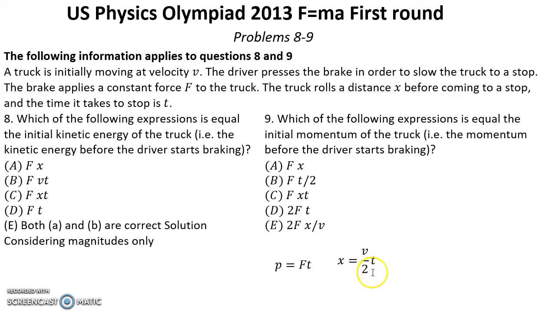From here we can express time. So time equal 2x over maximum speed v. And now we can insert this time to this expression for momentum. And momentum equal force multiplied by 2x over v, which is answer E, correct one.